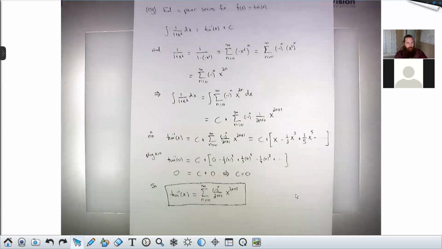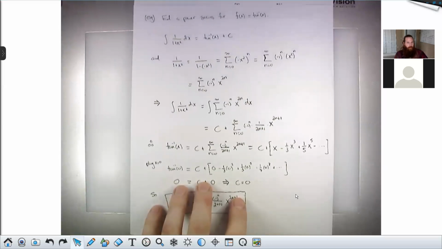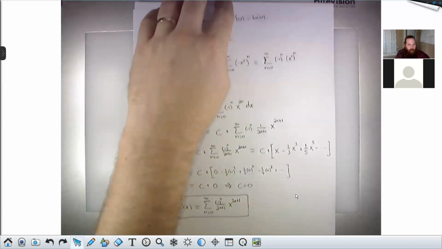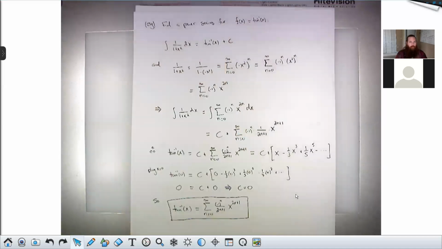The place we started with this problem is that we remembered that arctan can be written as this integral. If we didn't know this at the start, then this wouldn't work. Now 1 over 1 plus x squared is not the series in the box at the end, that's arctan. 1 over 1 plus x squared has this series representation, this guy.